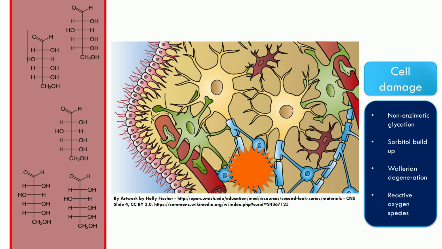All of these mechanisms will appear and will be present as long as we have these very high levels of glucose. If we manage to lower these glucose concentrations in blood and in the space surrounding our nerves, of course our nerve will stop receiving damage.